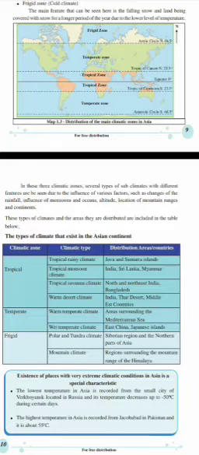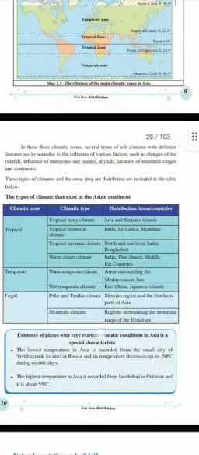There are 6 reasons: changes of rainfall, influence of monsoon, influence of ocean, altitude, location of mountain ranges, and location of continents. And now we are going to talk about the types of climate that exist in the Asian continent.